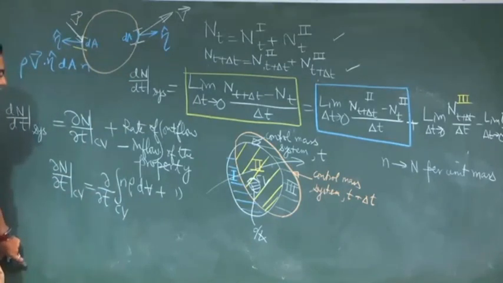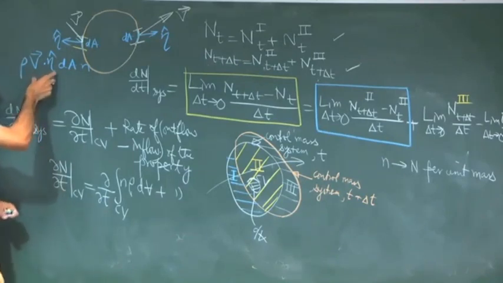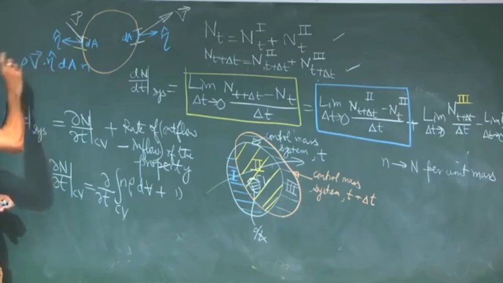So, the difference between inflow and outflow boundary can be recognized from the algebraic expression, from the outcome of the dot product. If the dot product of V dot n is positive, then it is outflow. If the dot product of V dot n is negative, then that is inflow.